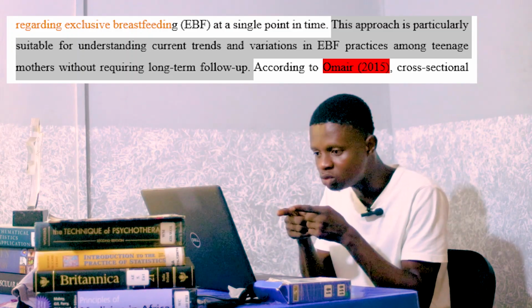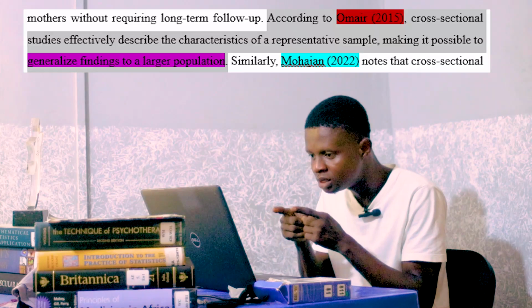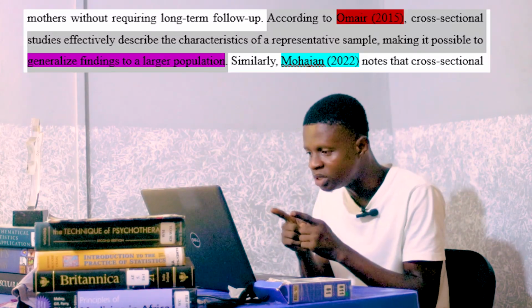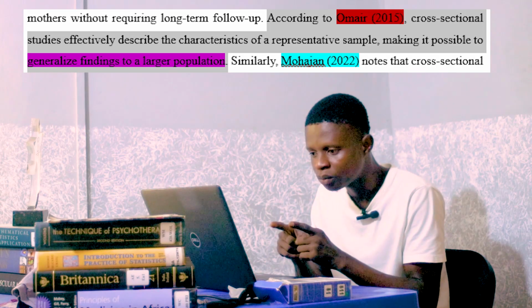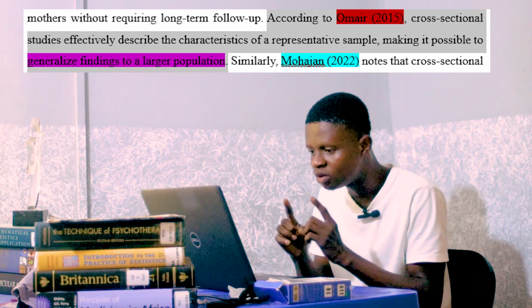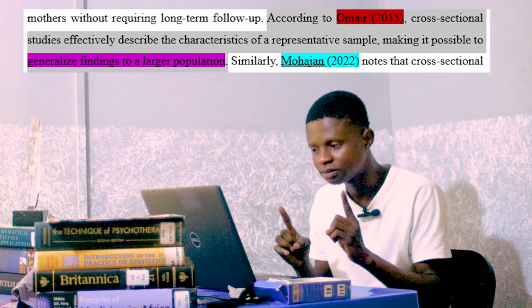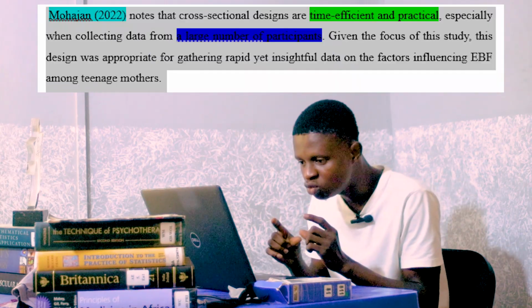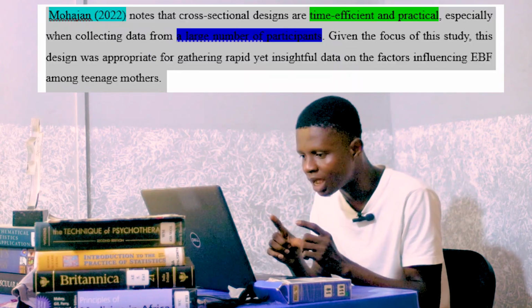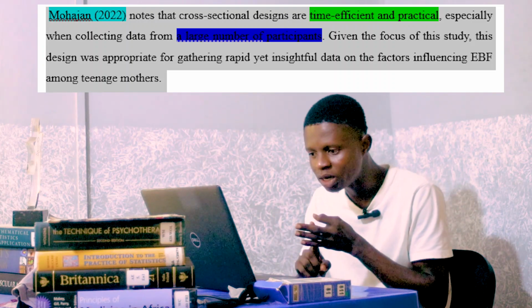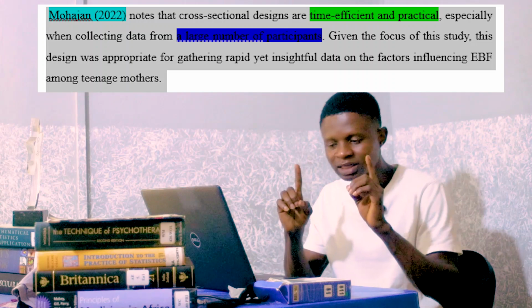So according to Omar 2015, cross-sectional studies effectively describe the characteristics of a representative sample, making it possible to generalize findings to a larger population. Muhajan 2022 notes that cross-sectional designs are time efficient and practical, especially when collecting data from a large number of participants.